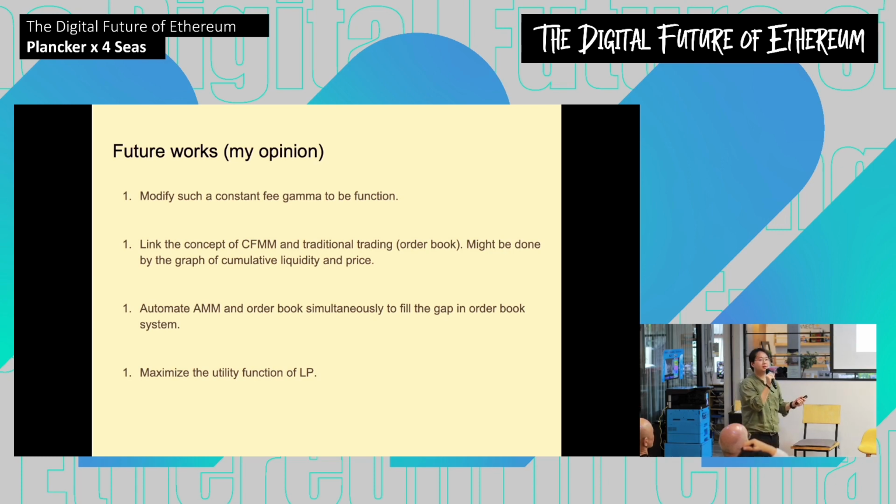As you can see right now, Uniswap tries to put in a new option every time they publish a new paper, such as concentrated liquidity, and the new one where you can change the fee, and you can even let your liquidity be traded in each period of the price. So this is kind of similar to traditional trading. So I think maybe in the future we will have both of them mixed together.